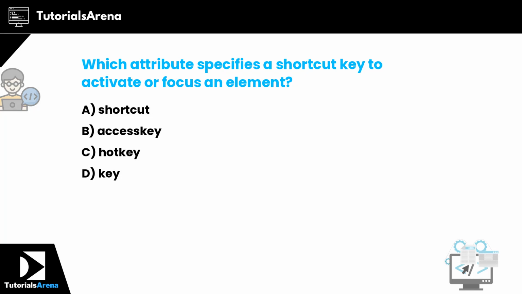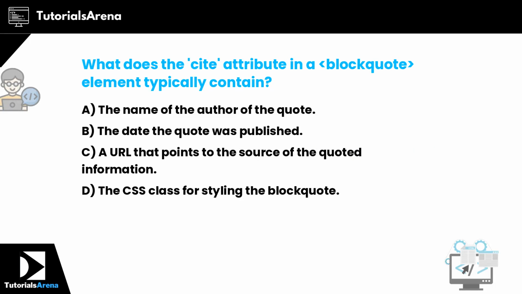Which attribute specifies a shortcut key to activate or focus an element? The correct answer is option B, accesskey. What does the cite attribute in a blockquote element typically contain? The correct answer is option C, a URL that points to the source of the quoted information.